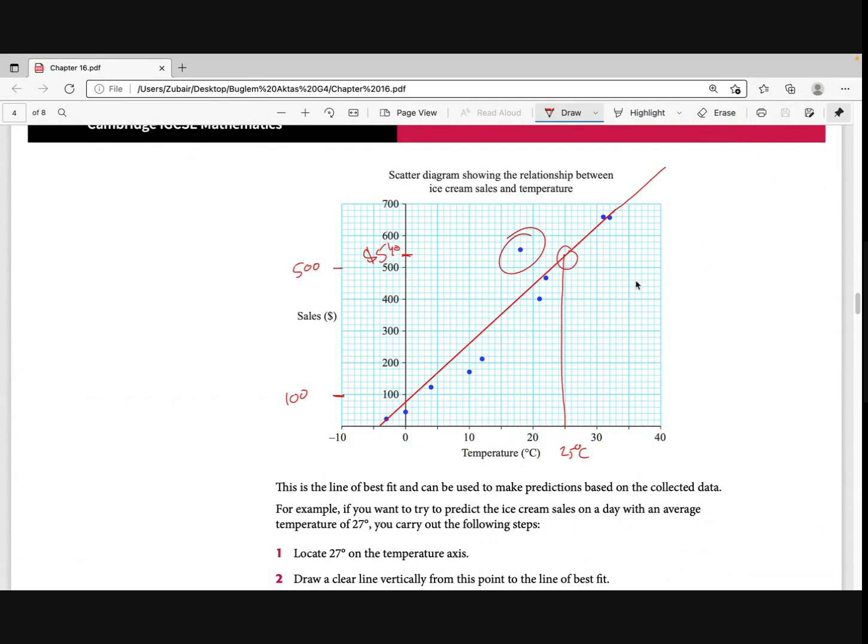When we draw the line of best fit, this is above the line and this is below the line. We just need to take care of the average data. The line should pass close to most of the points. Once the line is drawn, ignore every blue dot.